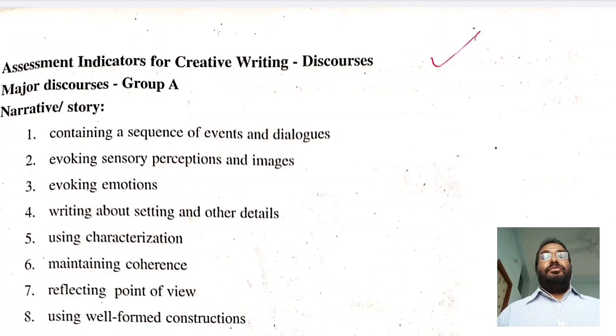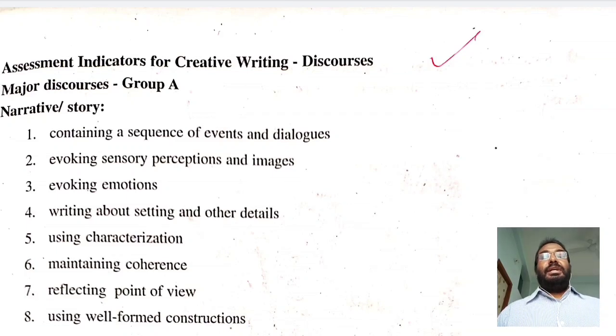And while we are writing, the second point is that we have to evoke sensory perception and image. Then in the narrative, we have to evoke emotions. Emotions of the writer should be clear while the reader is going through it.